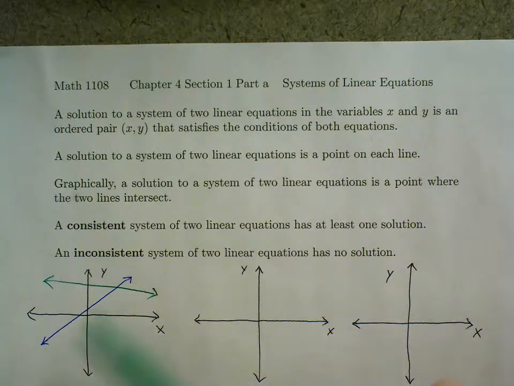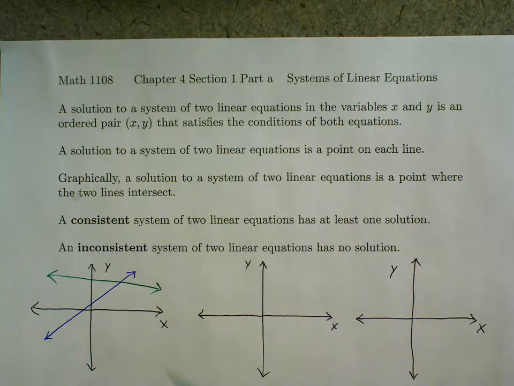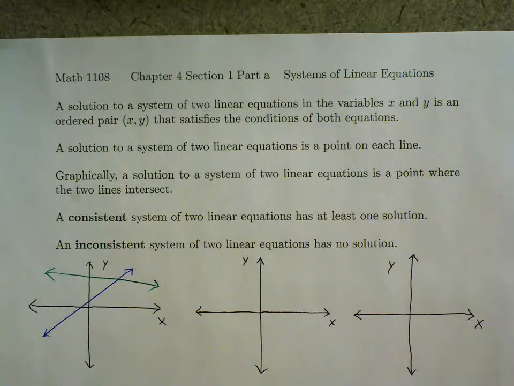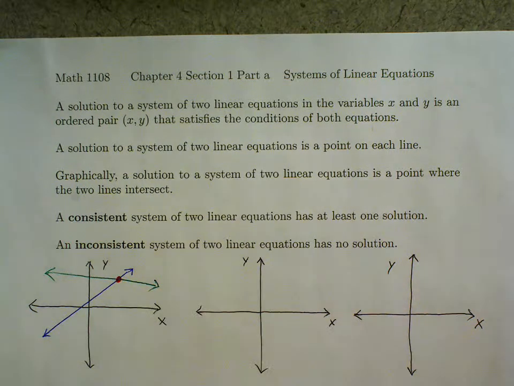In this graph, one of the slopes is positive and the other one is negative. But this is just an illustration. It could be the case that both slopes are positive or both are negative. But as long as the slopes are different, if the slopes of two lines are different, they will intersect at exactly one point.